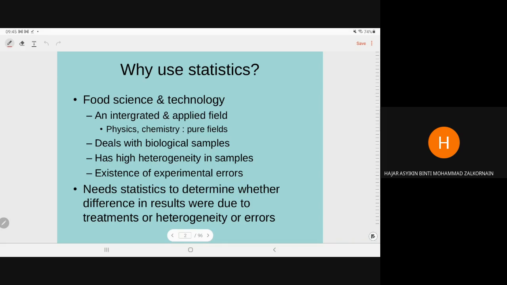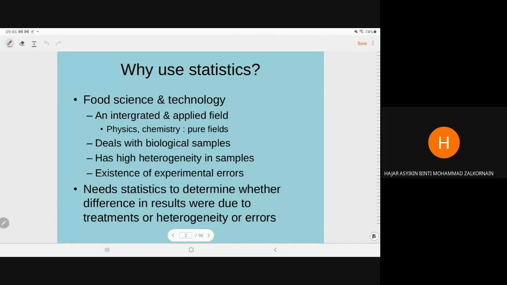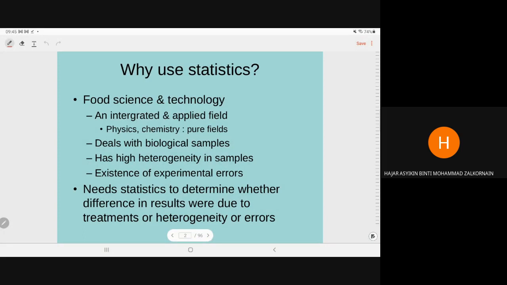We also incorporate components that deal with other non-science fields, for example religion, halal, for example, and also culture, functional foods, for example. All of those are components of food science and technology. So we need statistics in order to navigate our data and our understanding of our data among these different fields. Also, it deals with biological samples.